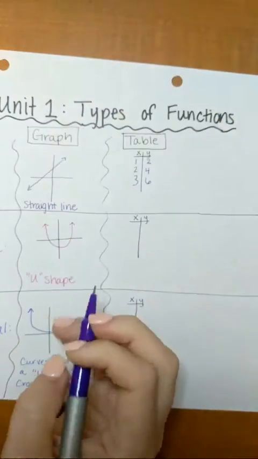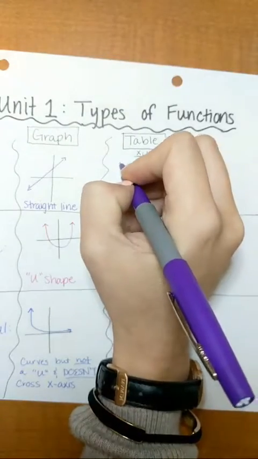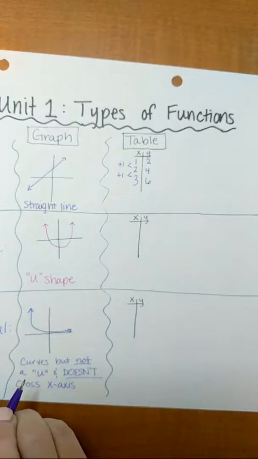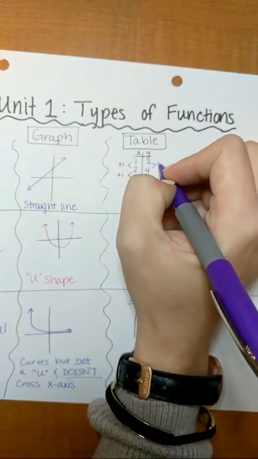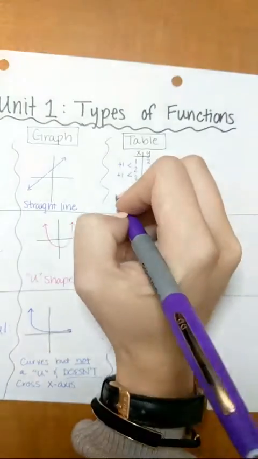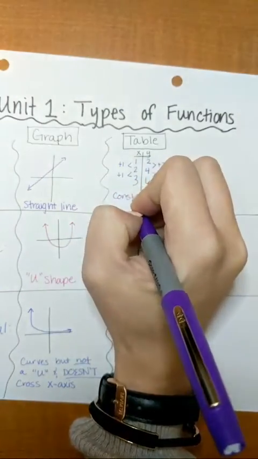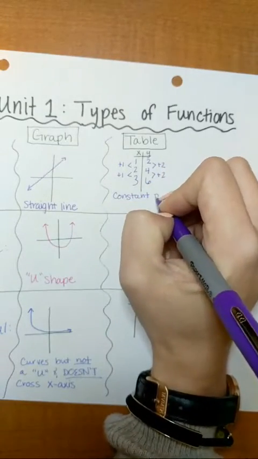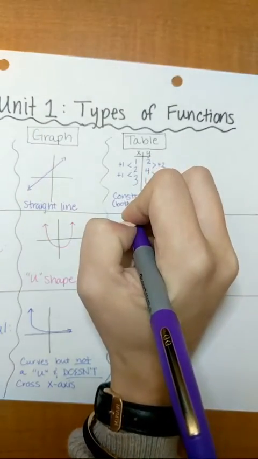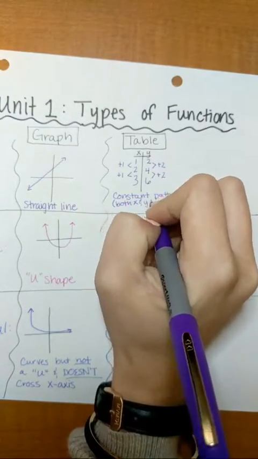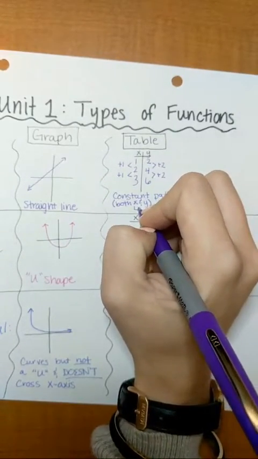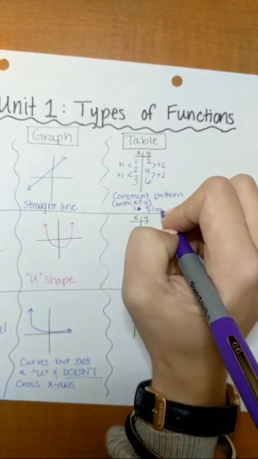Meaning that, so here I am adding 1 every time to my x's. And for the y's, I'm adding 2 each time. So there's a constant pattern. And that's for both x and y. And hopefully you should remember this a little bit from last year, but that is called your slope.